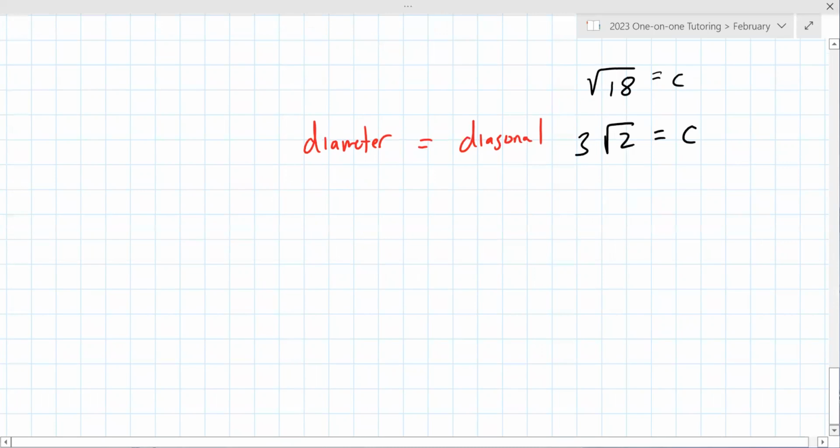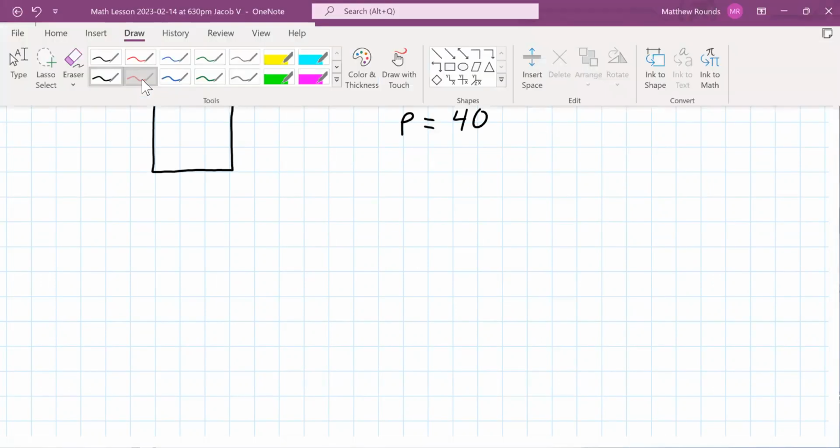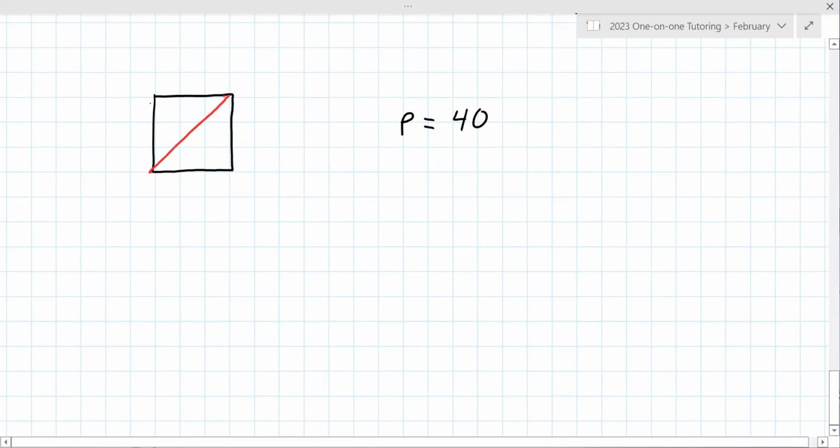So here's a new square. Let's say the square has a perimeter of 40. I want you to find the diagonal of that square, please. It would be 10, 100, 200.